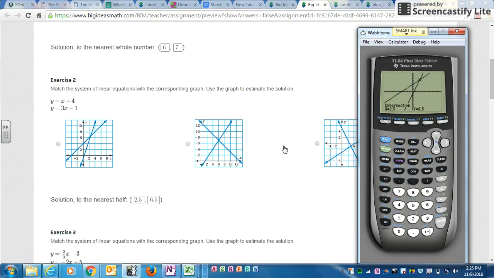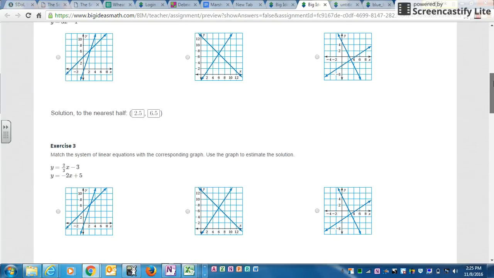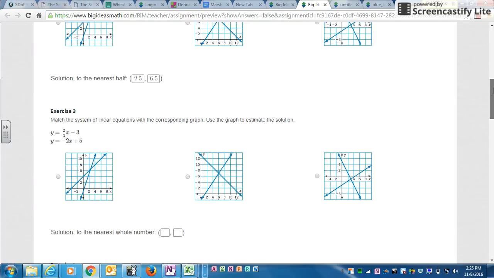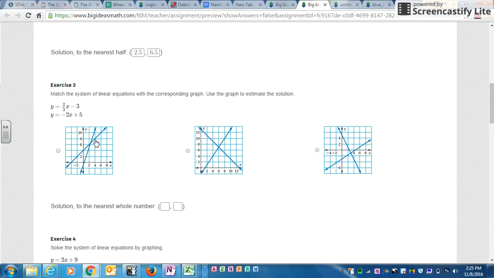Now, based on these first two, which I basically did for you, you need to be able to do exercise 3 on your own. And that is find the graph that matches and find the solution point, which is the intersection of both lines.